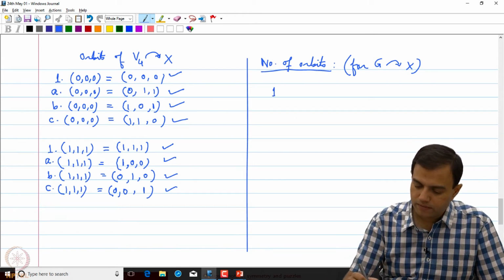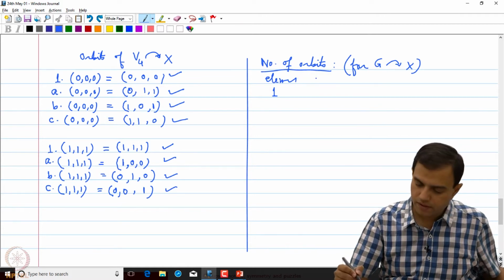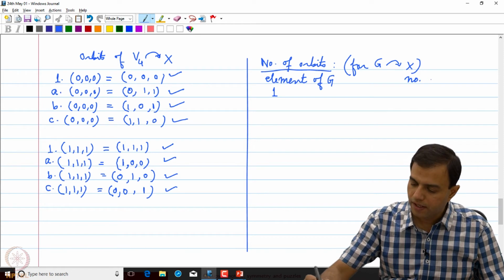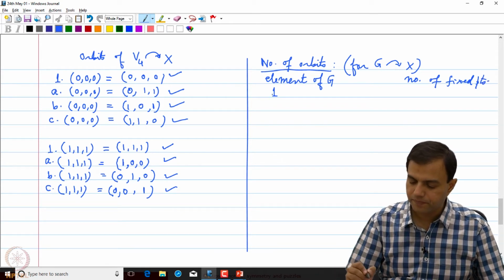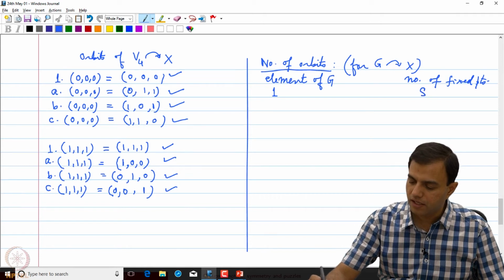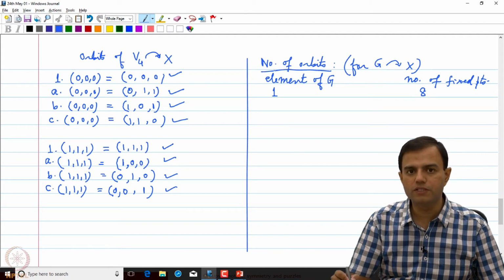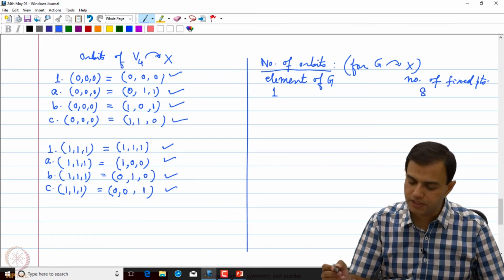So I pick an element of G, and count the number of fixed points. So I take identity. Identity fixes everything, right? So I am using the fact that the number of orbits is equal to the average number of fixed points, as I have explained in previous lectures.